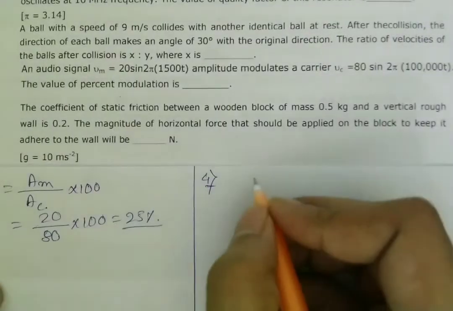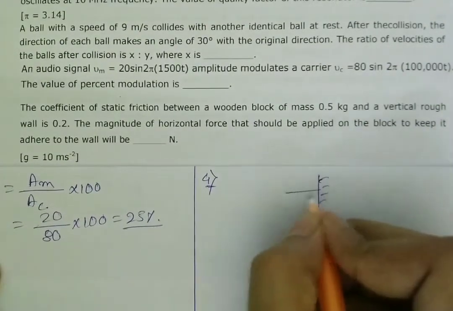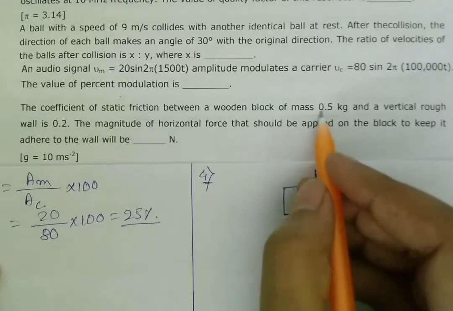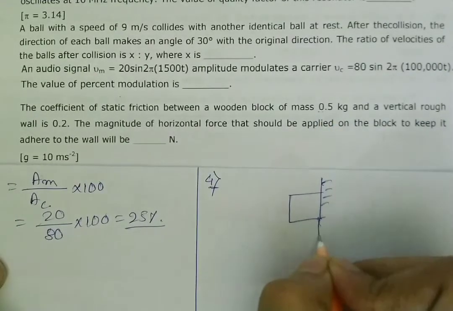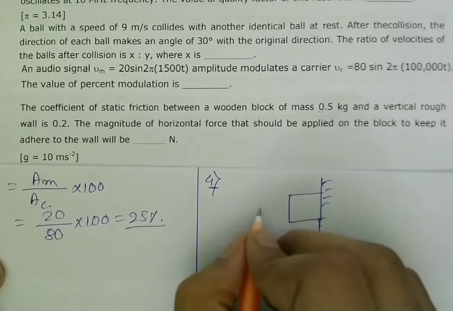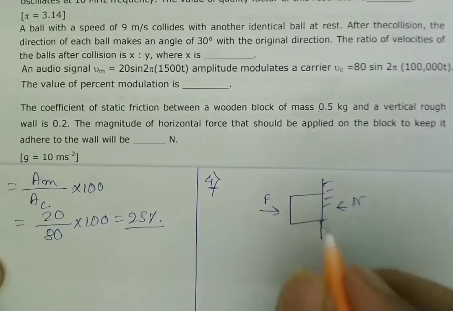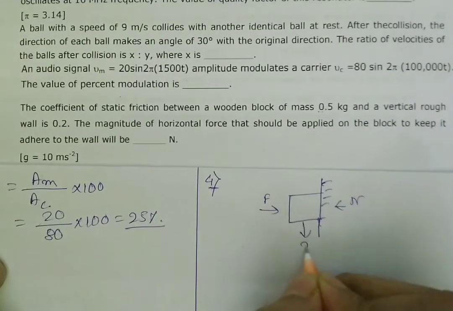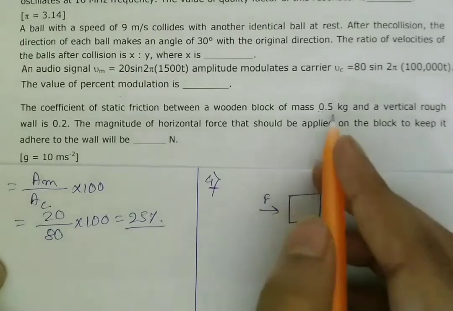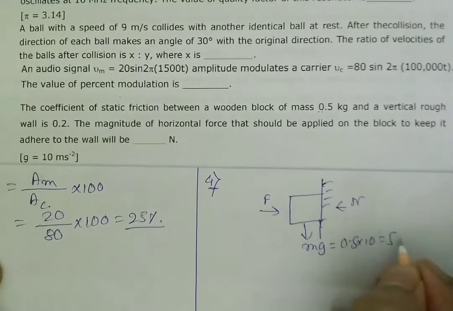Question number 4. It is said that there is a rough wall and a block of mass 0.5 kg is attached in such a way that the force applied on it will hold it. After drawing the diagram, this is mg, which is equal to 0.5 into 10, which is equal to 5.